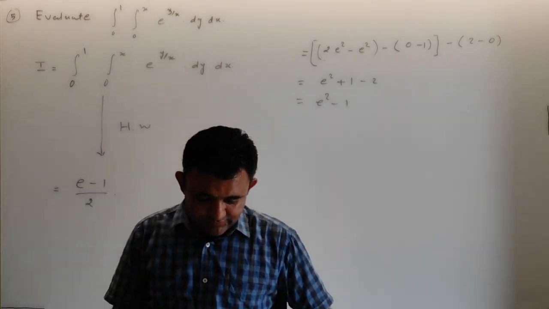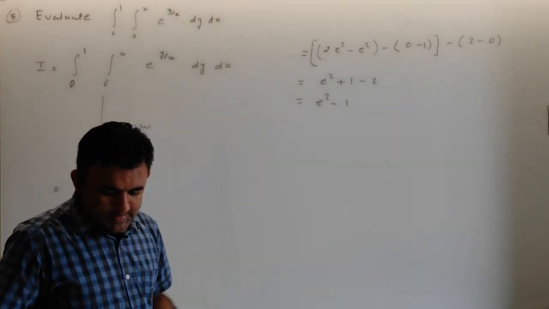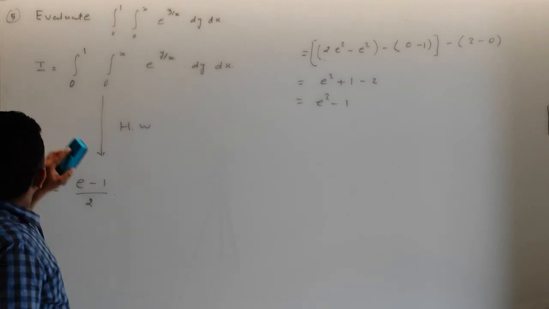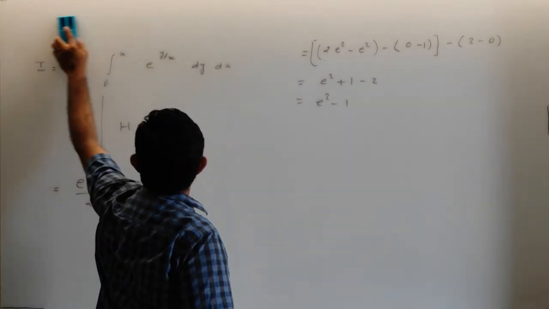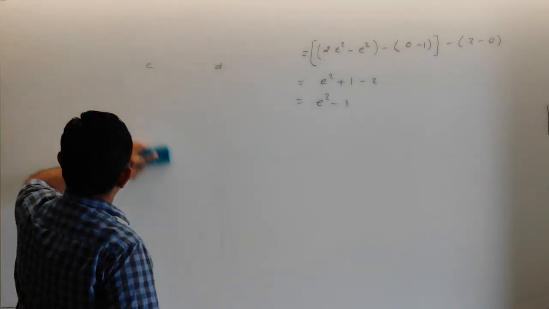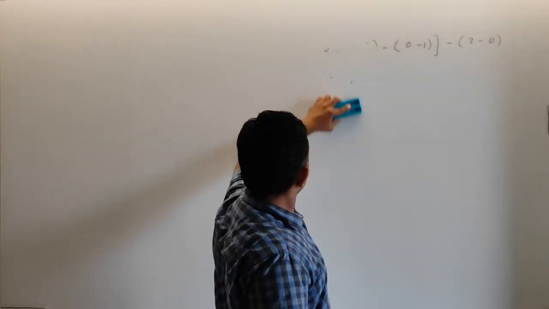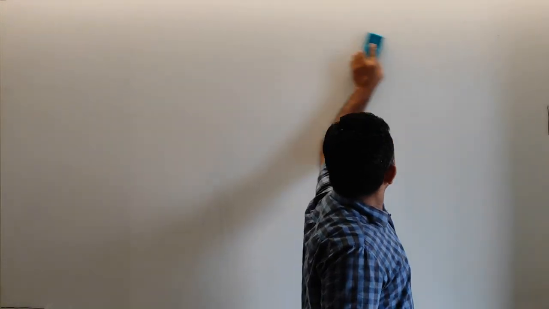Okay, now let us see one more example. Example number, I don't know what is the number, let me see. This is my first, second, third, fourth, fifth, and now example number 6.